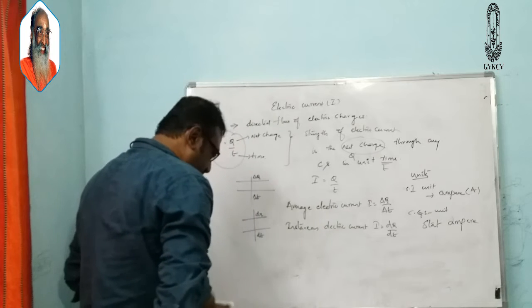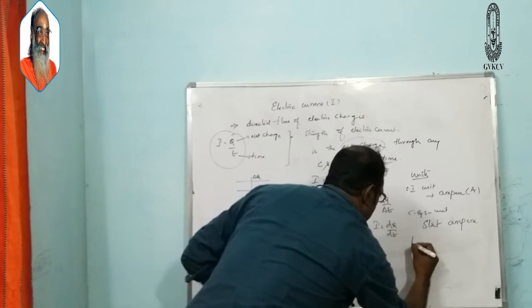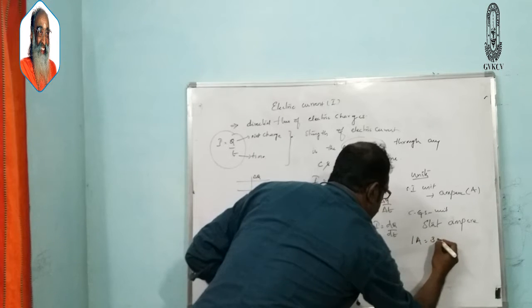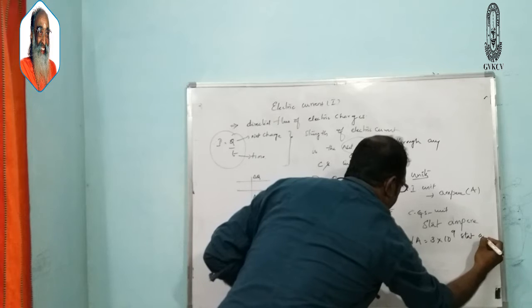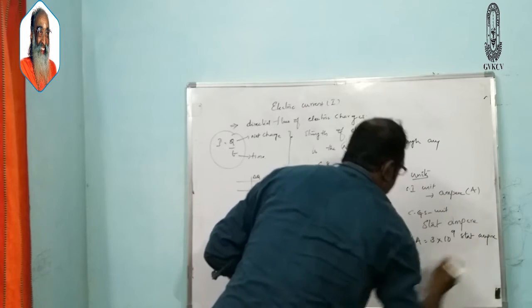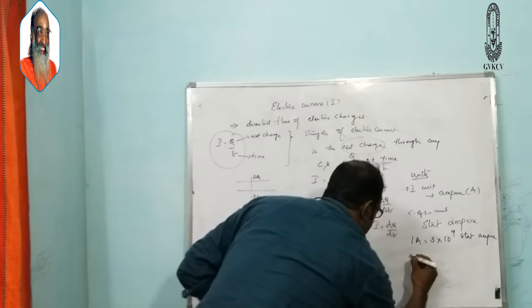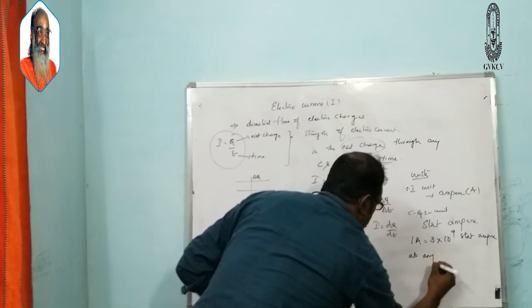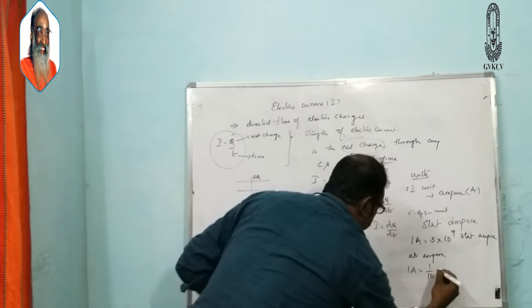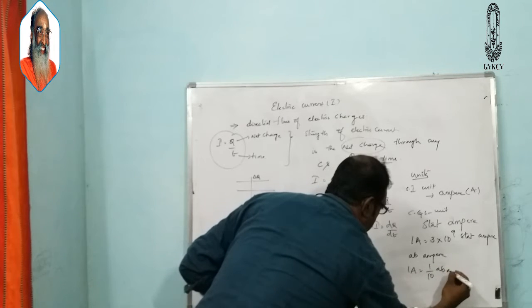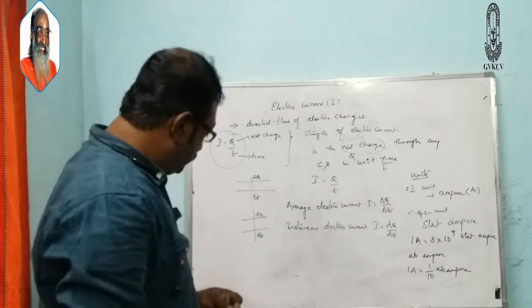The conversion between ampere and stat ampere is 1 ampere is 3 into 10 to the power of 9 stat ampere. One more unit is ab ampere, and 1 ampere is 1/10 of ab ampere. So these are the units here.